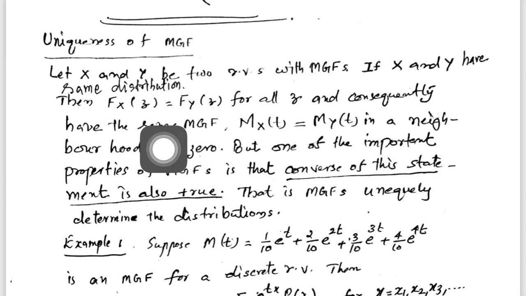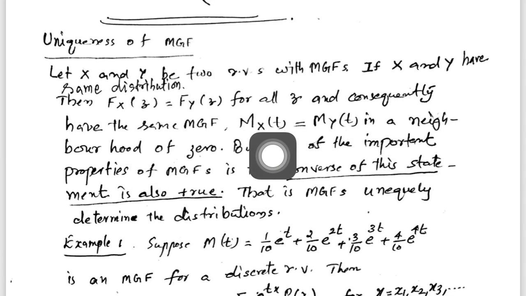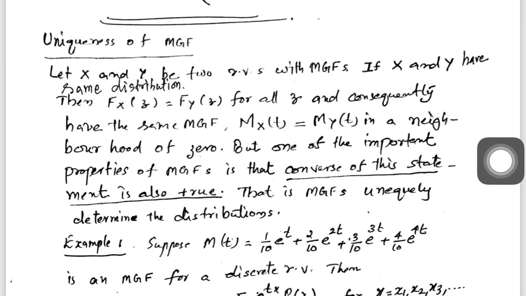And consequently, if they have MGFs, then the MGFs are also equal, M_x(t) equals M_y(t). M_x(t) stands for the MGF of x, and M_y(t) stands for the MGF of y. An important property of the moment generating function is that if you know the MGF, then you can identify the distribution uniquely.